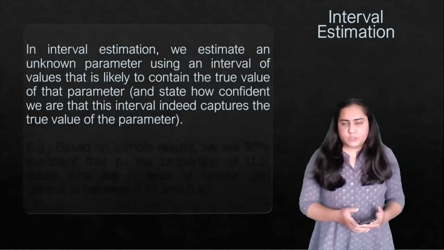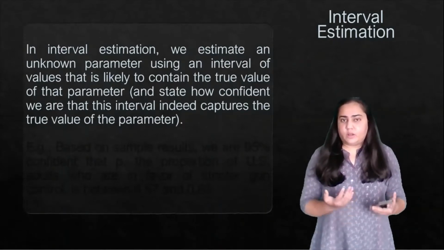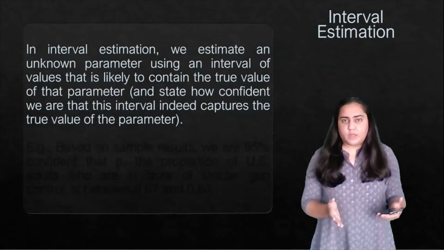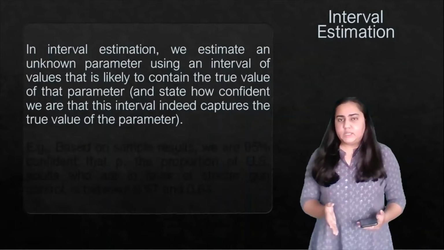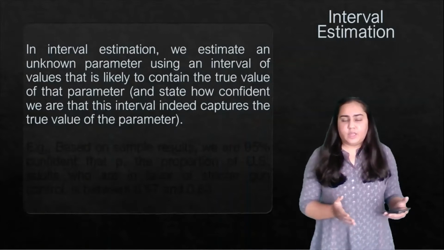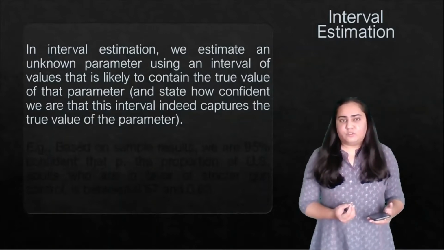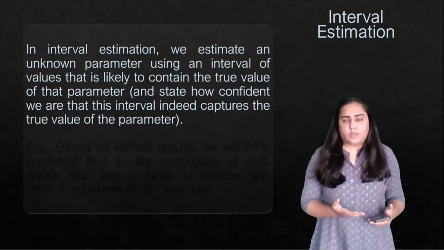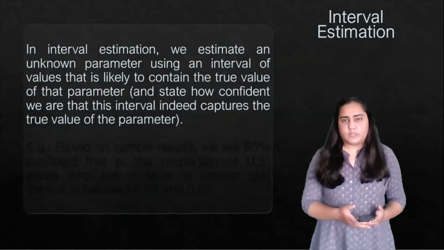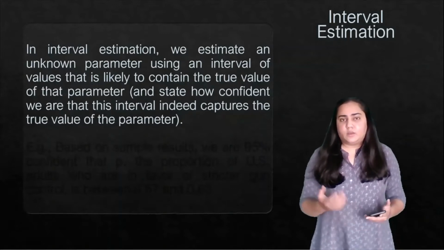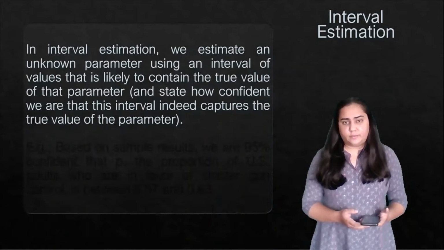So interval estimation not just gives you one value, it gives you that one value, but along with that, it also gives you an interval which specifies that this is what we got from the sample, but this is the interval in which the value for the entire population is going to fall. So it is sort of an estimation of how much error can be there if you apply whatever you did on the sample to the actual population. And along with all this, interval estimation also provides a confidence value.